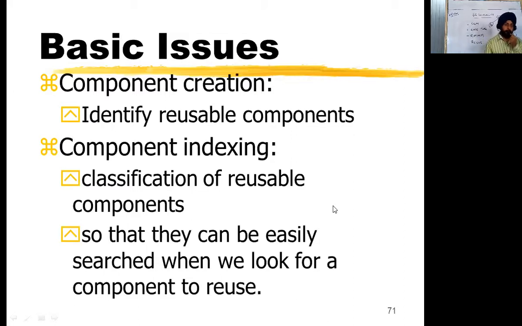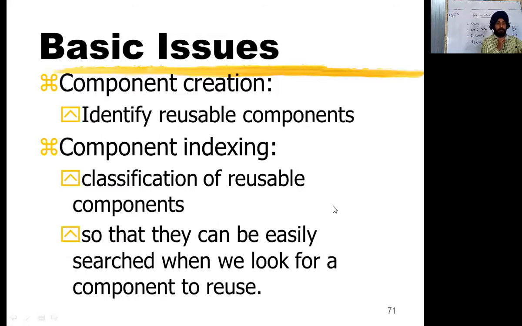Then there is the indexing and classification of the reusable components. There are different methods of classification. This is not in the syllabus, but classification is very important, so that components can be easily found. If you classify, that is, organize the items into different categories, then you can very easily reuse. Just go to the market, to the malls, and see how properly they have organized the different items.